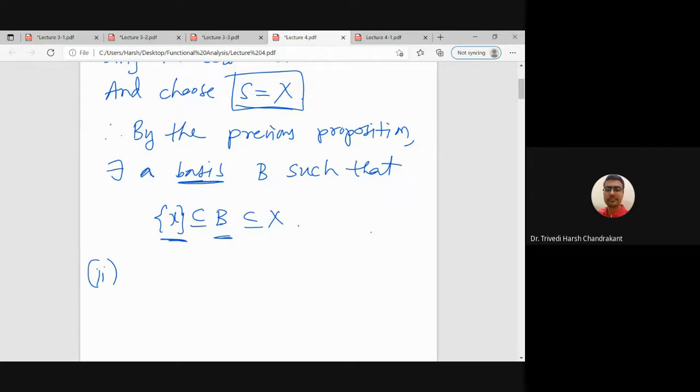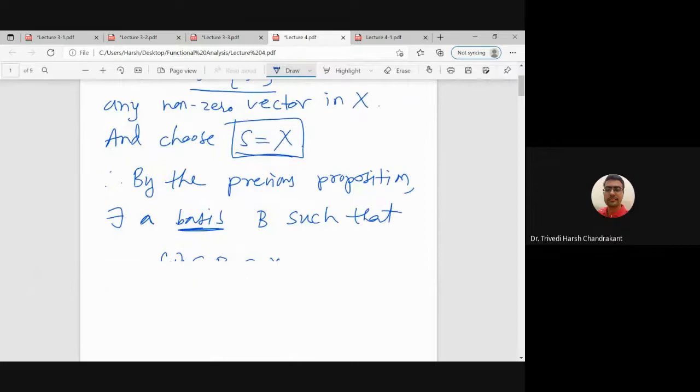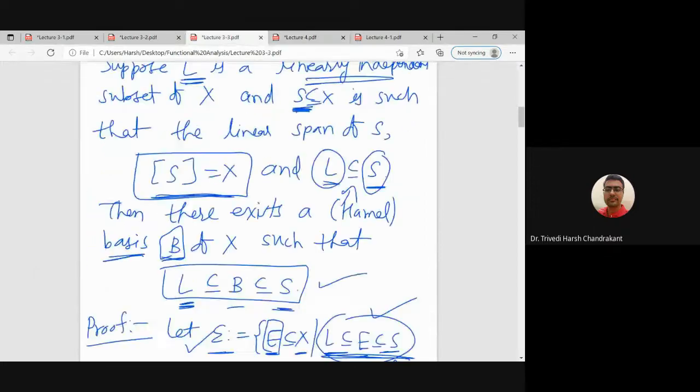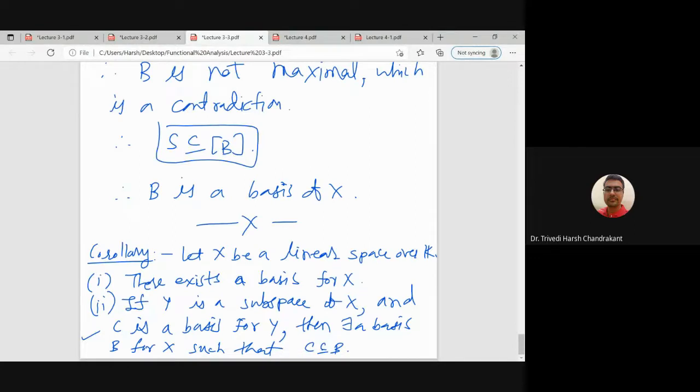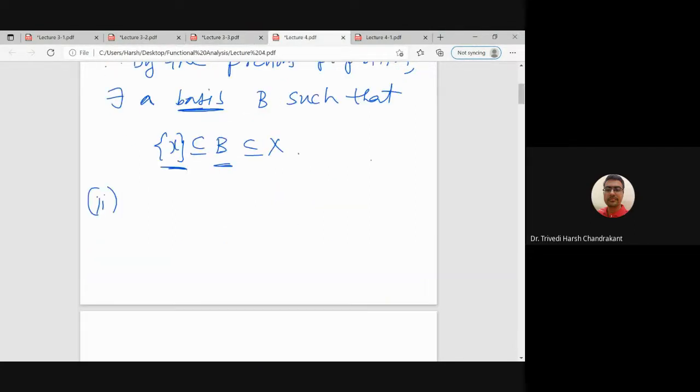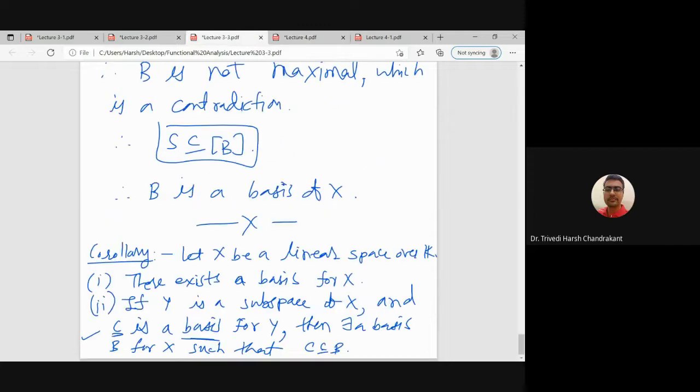Okay, so now the second part: if we have a basis C of the subspace Y, so that itself is linearly independent, we can take L equal to C, and again here we take S equal to X. C is the basis of the subspace.